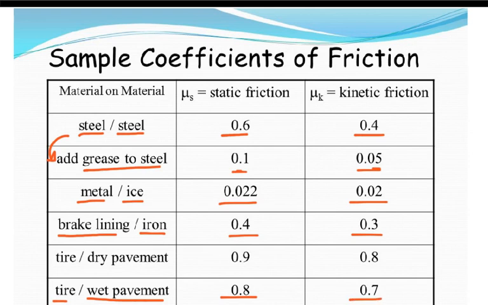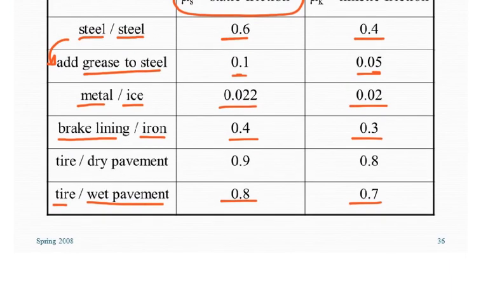And what's the difference between static and kinetic friction? Static friction is right before the object starts sliding. So if I have an object on the incline, but it is not sliding yet, then I have static friction holding it. So there is force of gravity, there is normal force, and the static friction is the one that is holding the box from sliding down. So what is kinetic friction then?